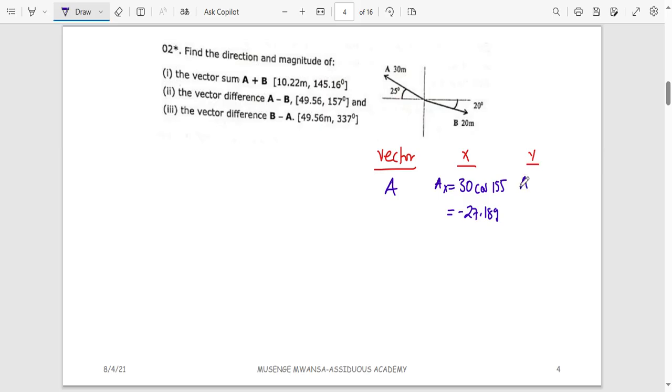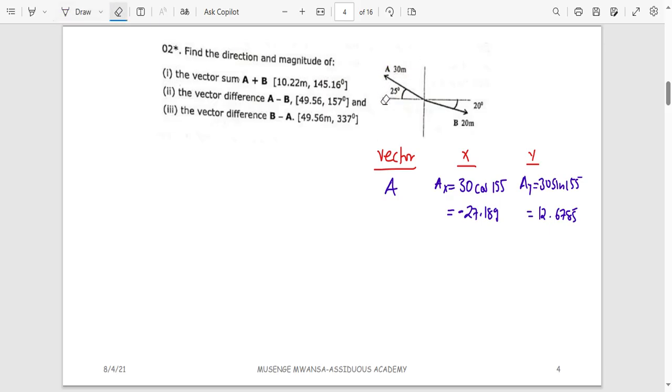To find the y component, Ay is also going to be 30, but use sine 155. So that is 30 sine 155, and that has given me 12.6785. Does this answer make sense? Here in this quadrant, the y value should be positive, the x value should be negative. This makes sense, because we have found the x value negative, y value is positive.